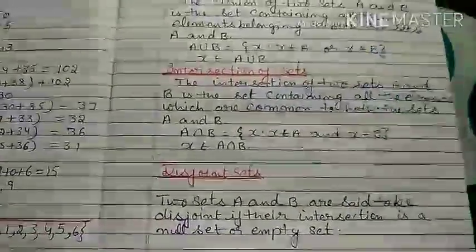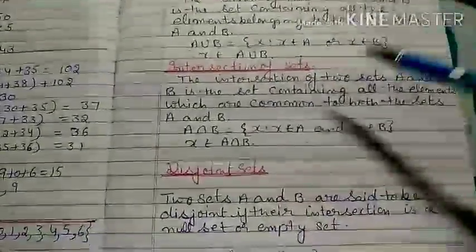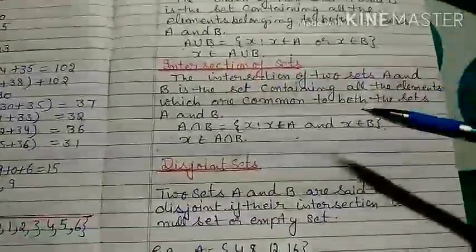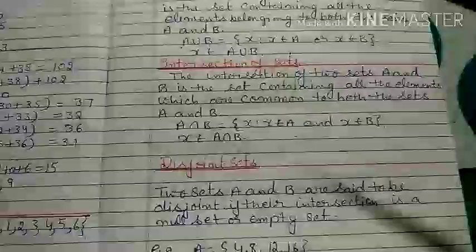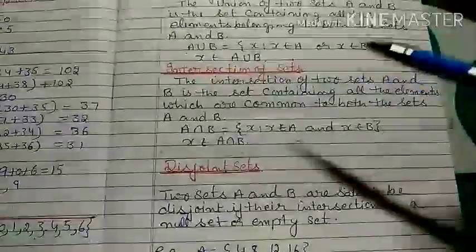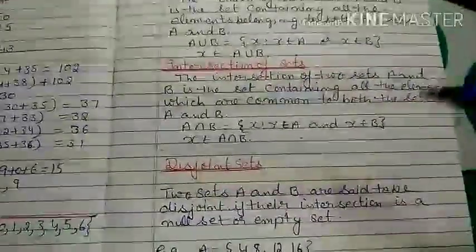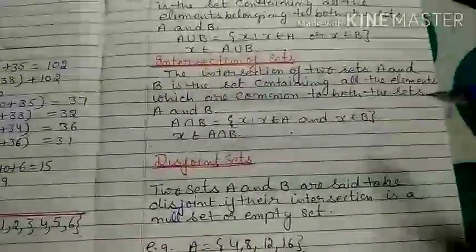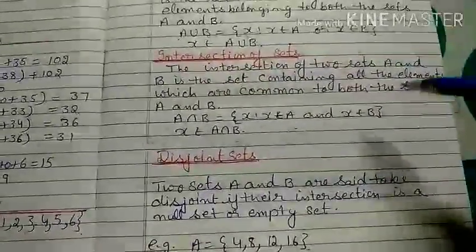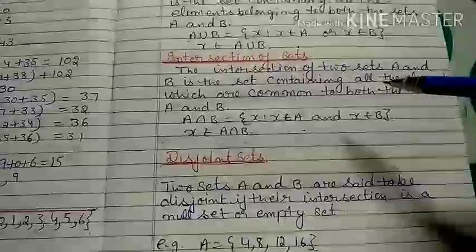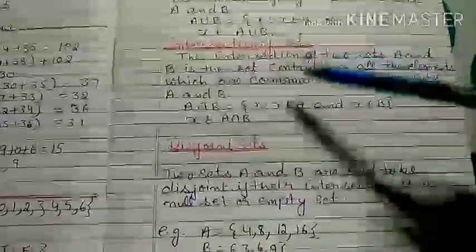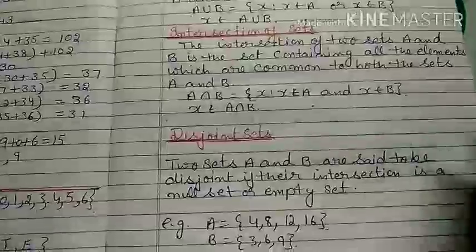The element should be present in A as well as in B. If this condition is true for both sets, that particular member we call the common element of two sets. That is the answer of the intersection of sets.